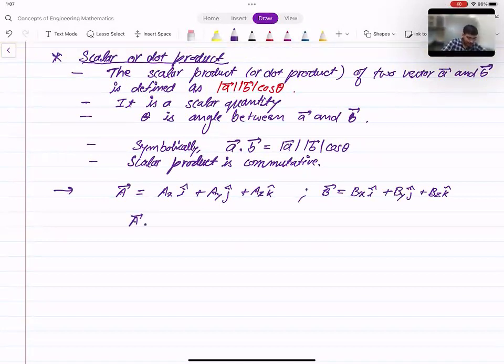Vector A dot vector B is written as the first vector multiplied with the second vector. So this is nothing but ax i plus ay j plus az k, and this is now dot multiplied with bx i plus by j plus bz k.